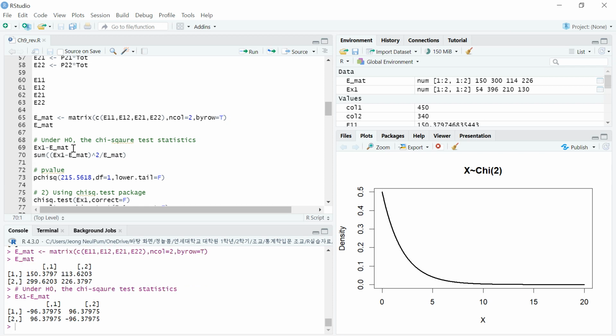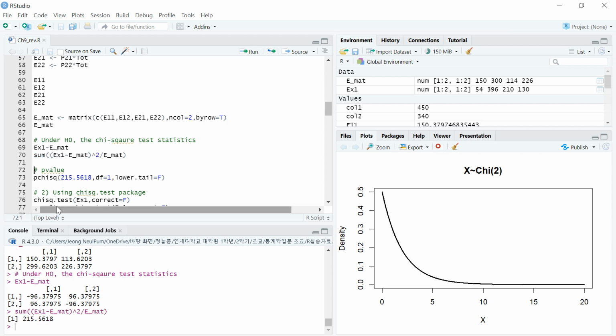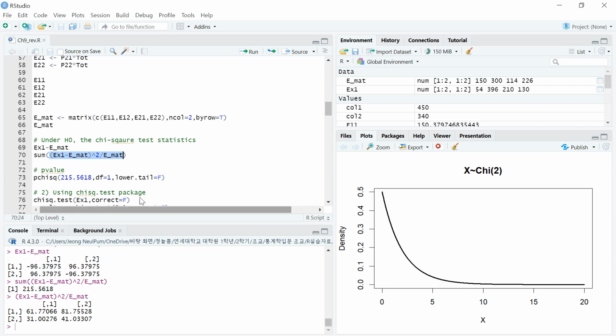You can see that when we get the difference of the two matrices, we also have a matrix as a result. If we use the other functions like summation or scale, the input in the sum function is a matrix with four elements, and the sum function gives us the summation of all the values in the matrix.